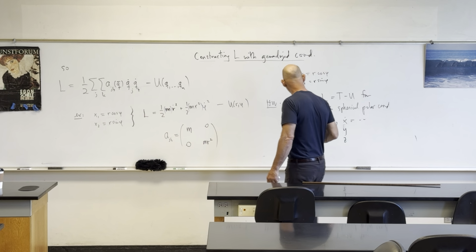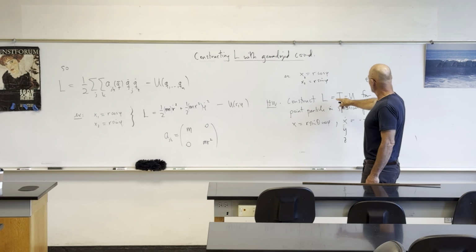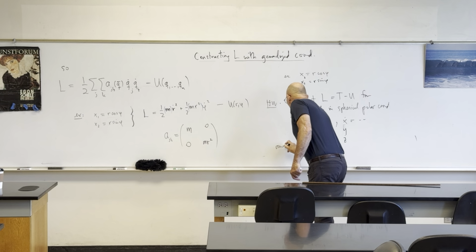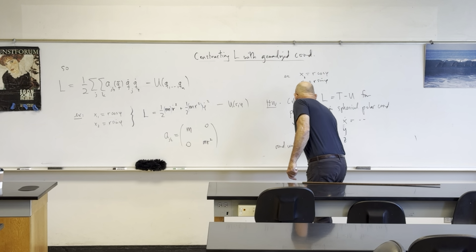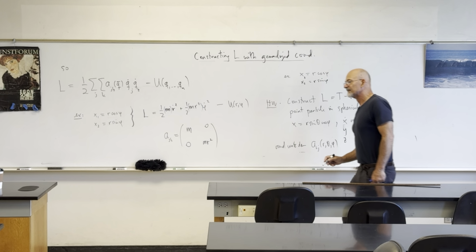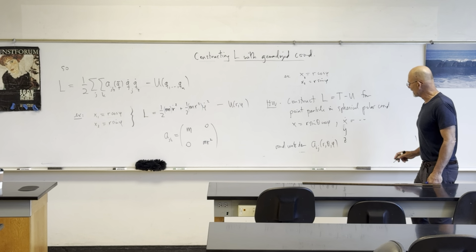They're all going to be diagonal. So the homework is to construct this and write down this A_ij of r, theta, and phi. It'll be a 3 by 3 matrix.